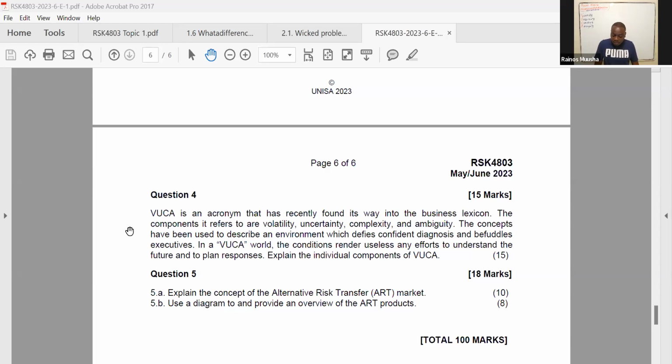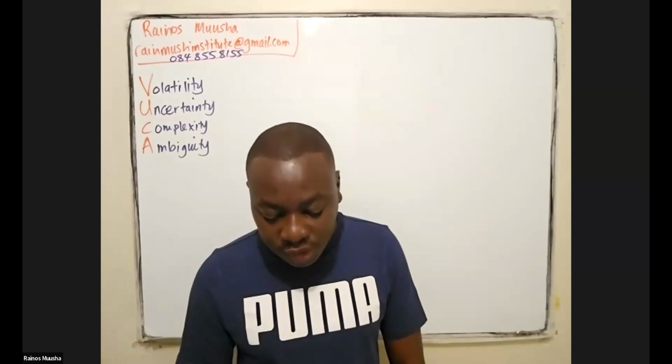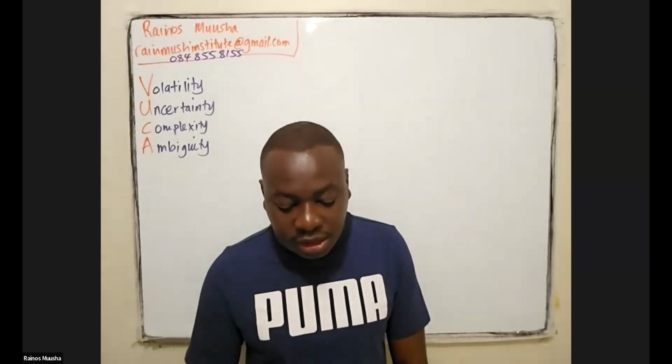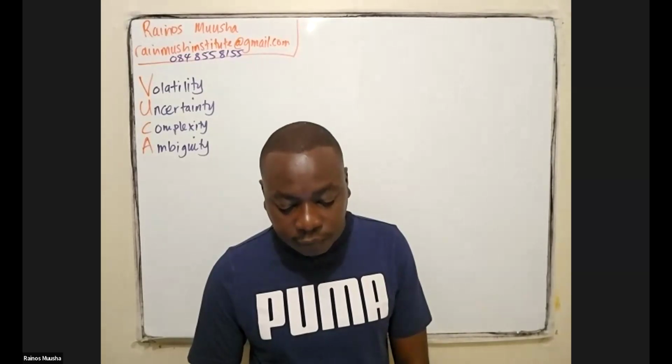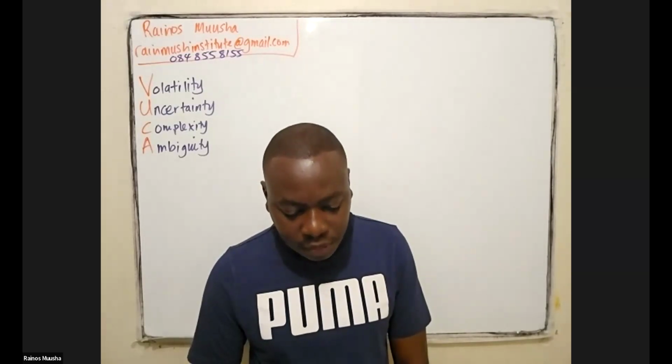In a VUCA world, the conditions render useless any efforts to understand the future and to plan responses. So explain the individual components of VUCA. They were asking us to explain the individual components of VUCA.